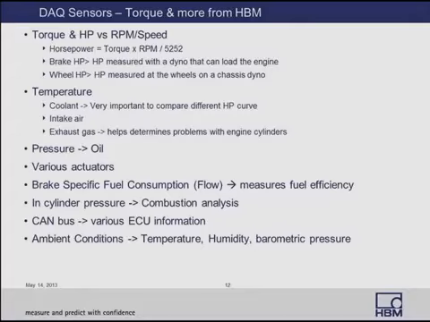Cylinder pressure is used for combustion analysis. Of course, there is the CAN bus, which is the universal bus inside a vehicle that talks to hundreds and hundreds of sensors depending on the type of vehicle you're using, and has the ECU information. It also needs to be talked to from your data acquisition system. Other measurements like ambient condition temperatures, humidity, and barometric pressure are also part of this testing.